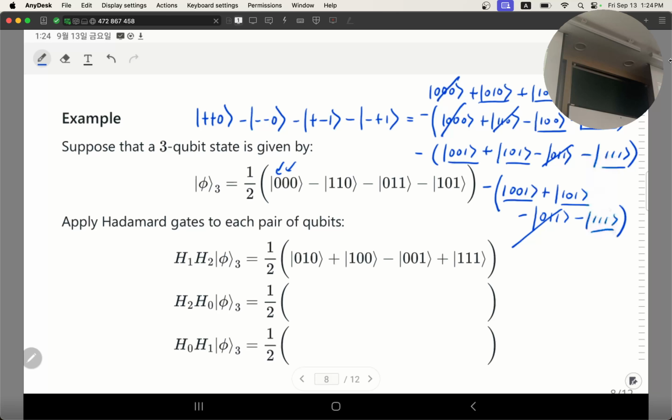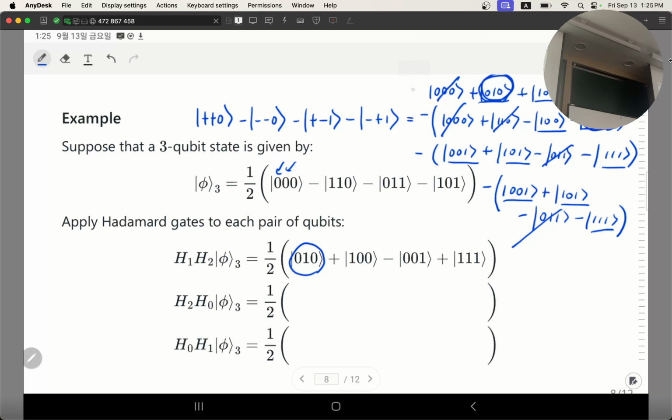So 0, 1, 0 is here. How many of them? Here, here. Oh, by the way, I forgot to put this coefficient.